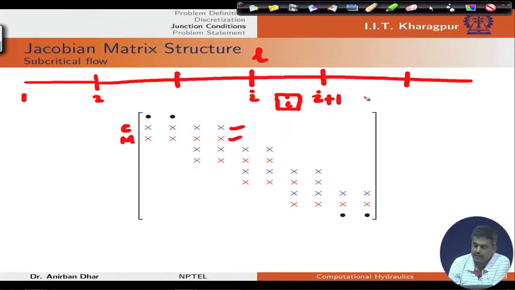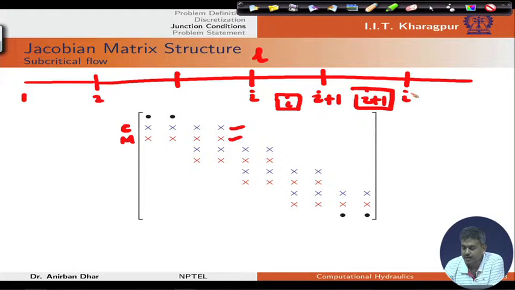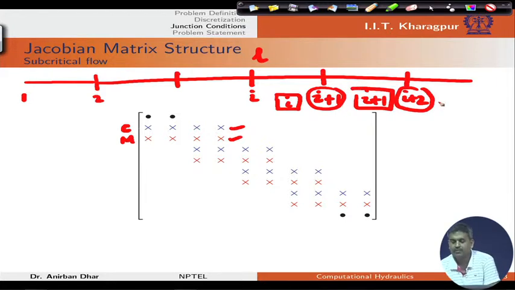Now, for section I plus 1 or segment I plus 1, we have connections between I plus 1 and I plus 2. So, obviously, we need to consider the entries corresponding to I plus 1.